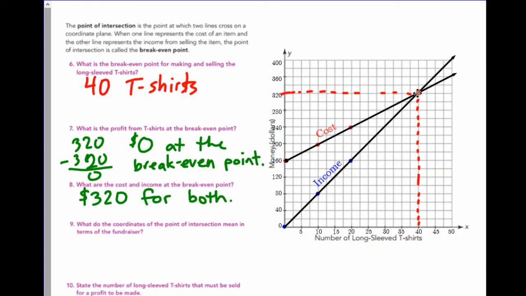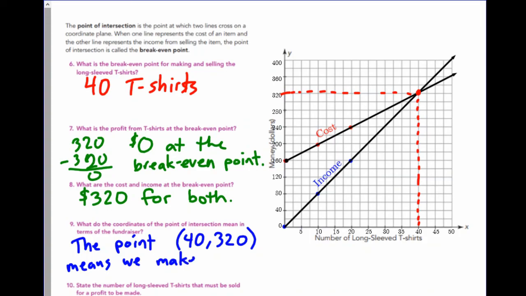Well, the coordinate is 40, 320. So in the context of this, the point 40, 320 means we make no profit from selling 40 t-shirts.